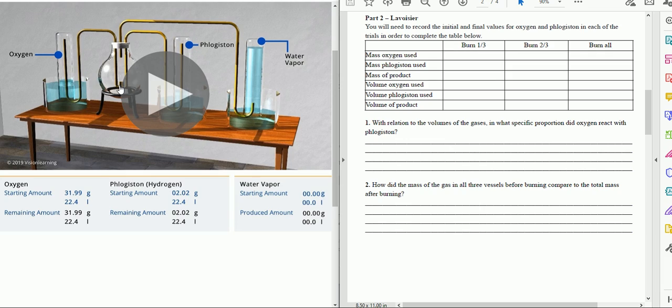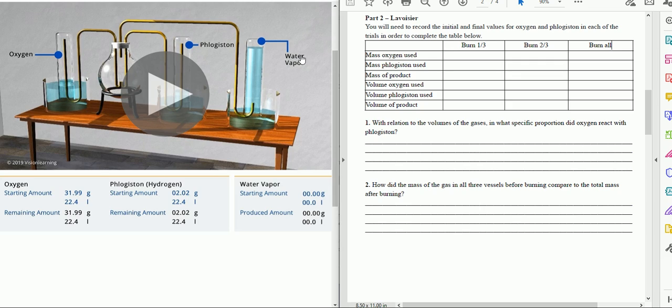If we follow this pipe all the way up here, it goes into the oxygen container. So oxygen is going to be pulled through this pipe and then delivered to the flame so it can burn successfully. We can follow the other pipe up and out, and it'll be the phlogiston container. Again, the phlogiston will be pulled through this pipe and into the burning flame and then be consumed.